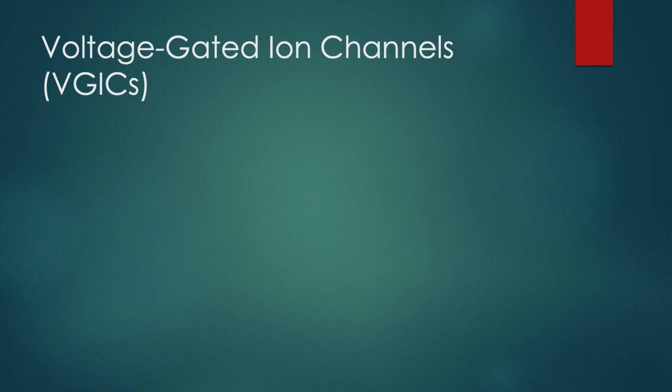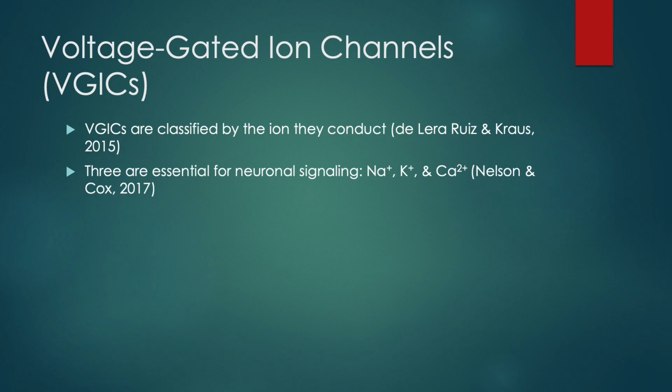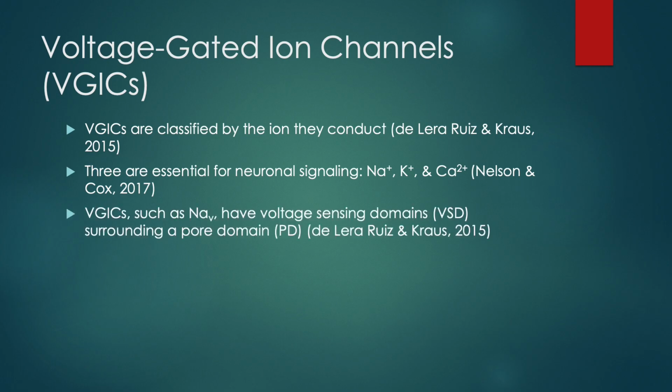Voltage-gated ion channels. Voltage-gated ion channels are classified by the ion that they conduct. And so there are voltage-gated ion channels that conduct sodium ion or potassium ion, calcium ion, and some that do chloride ion. But the three that are essential for neuronal signaling are the sodium, potassium, and calcium.